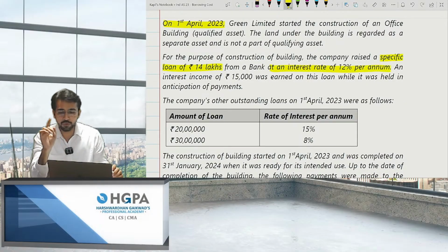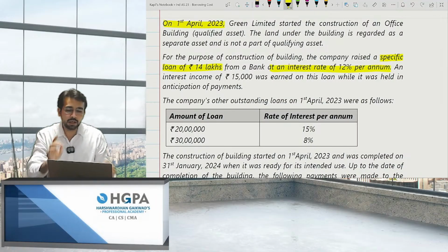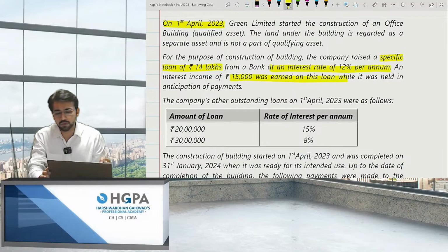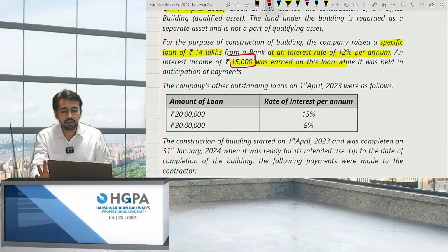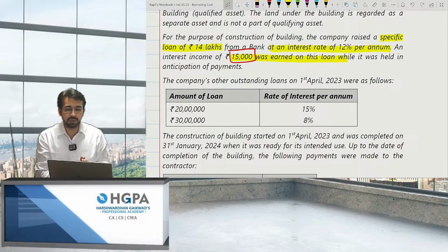That means you took a loan of 14 lakhs at 12% per annum. It was specific. A temporary income of 15,000 was earned on this loan while it was held in anticipation of payments. That means 15,000 will be deducted since it is a temporary income. 14 lakh was the specific loan, and construction started on 1st April. The company's other outstanding loans as on 1st April were as follows: 20 lakh at 15%, 30 lakh at 8%.